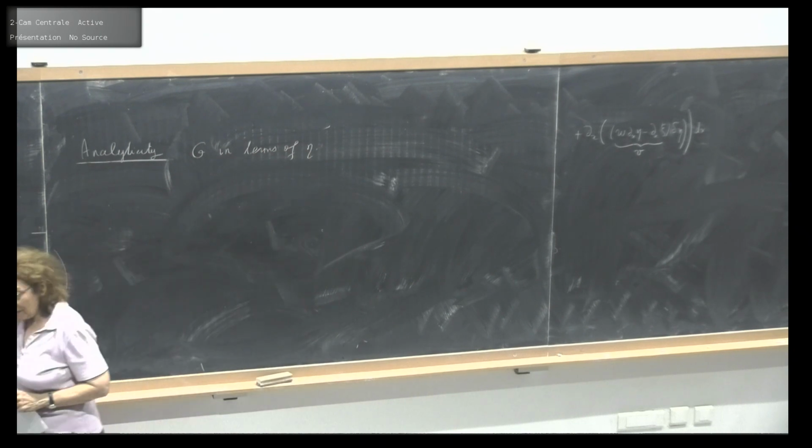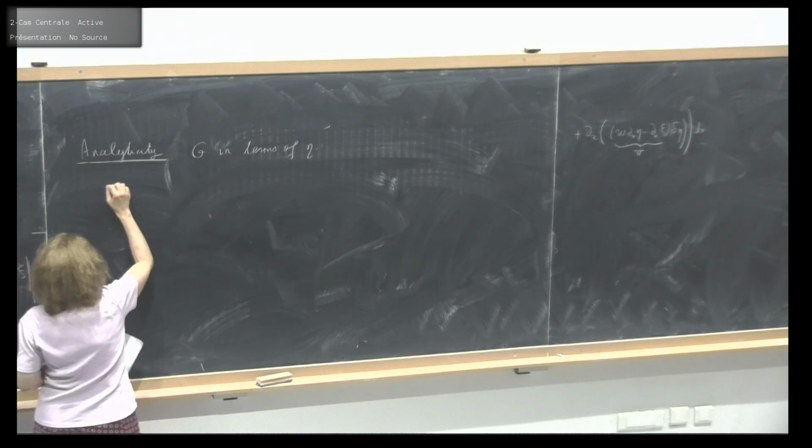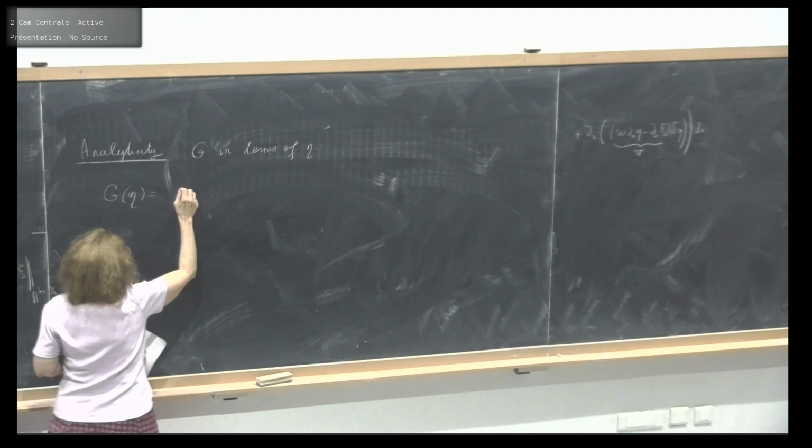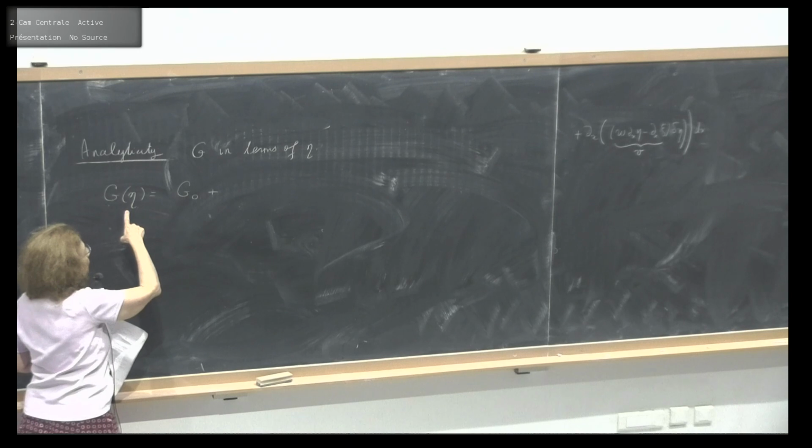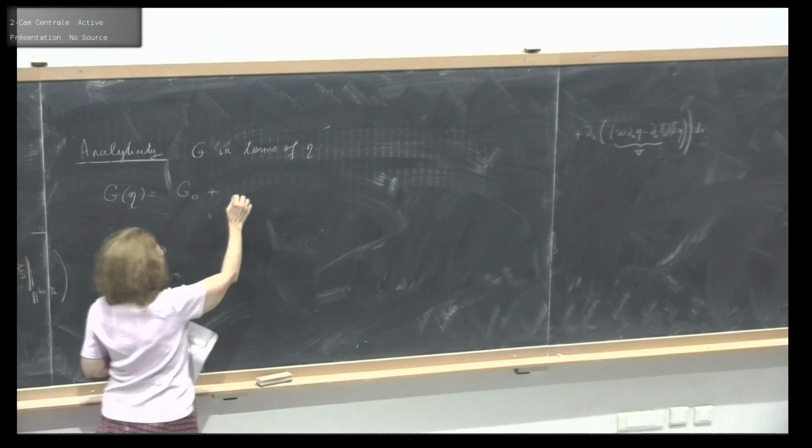So first of all, there is an expansion. One can calculate an expansion. So the first term corresponds to eta equals 0, near eta equals 0.